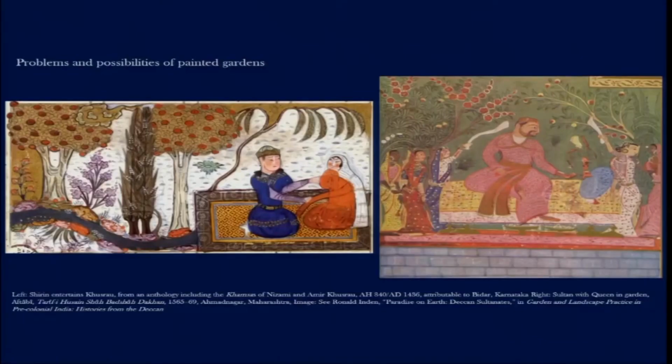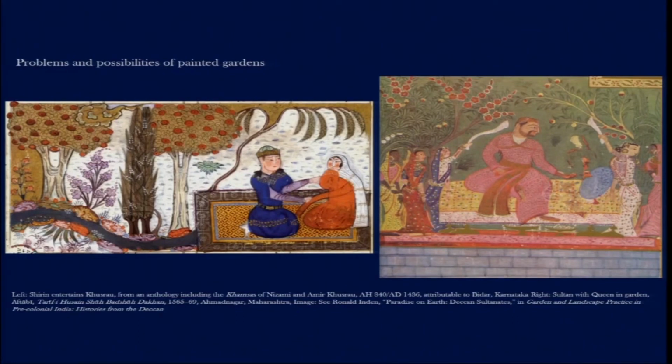So when we compare those with the images that we have, we cannot really find a direct correlation between them. But the direct correlation might not be there not because there was no organized garden in the Deccan, but because the making of this kind of image was a deliberate choice of the artisans or the painters.